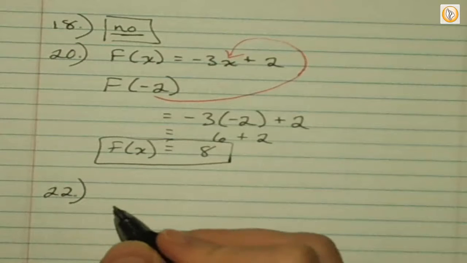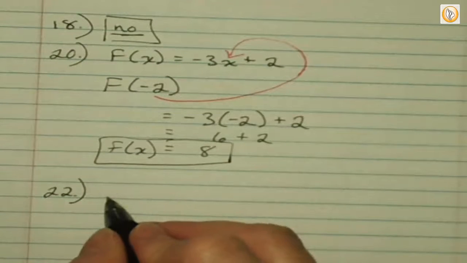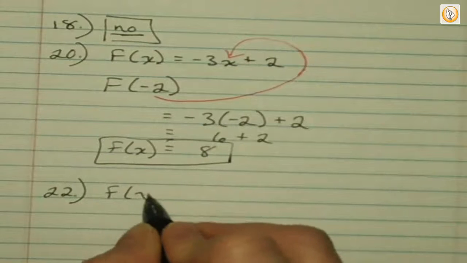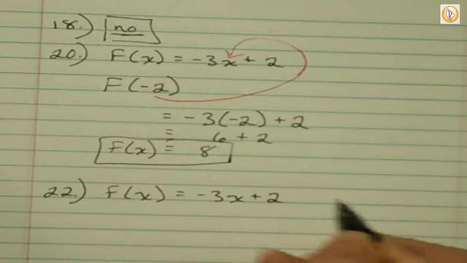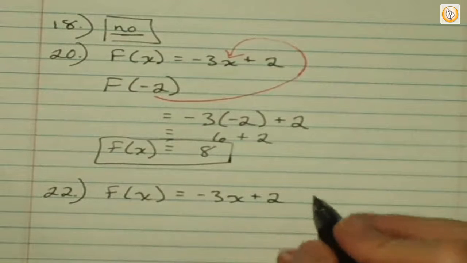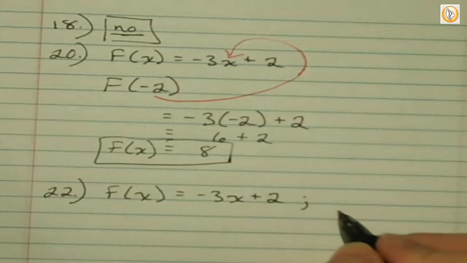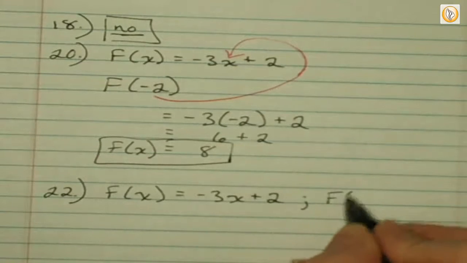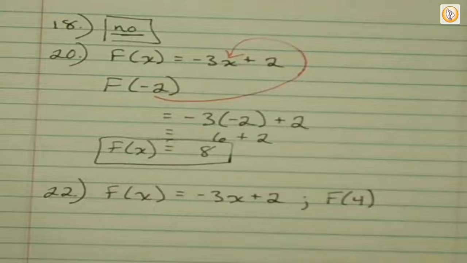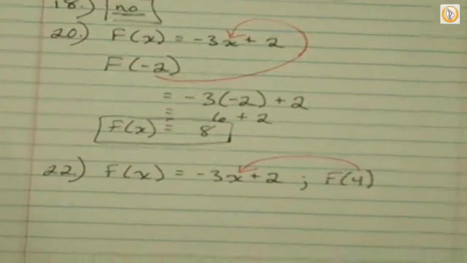22. We have the same formula, right? The same equation that they gave us in the directions. But Michaela, what did they say the x is for 22? 4. That's right. They said it's 4. So we're going to substitute that 4 into that x.